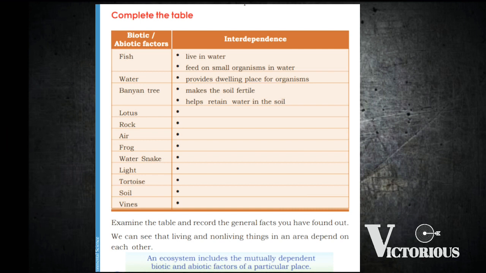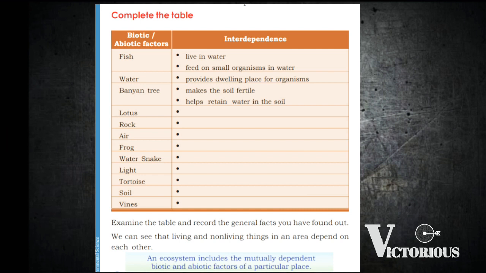Is water biotic or abiotic? Abiotic, right? Water provides a dwelling place for organisms. Without water, a number of organisms will die. All aquatic plants and aquatic animals will die without water, so water is needed for them.